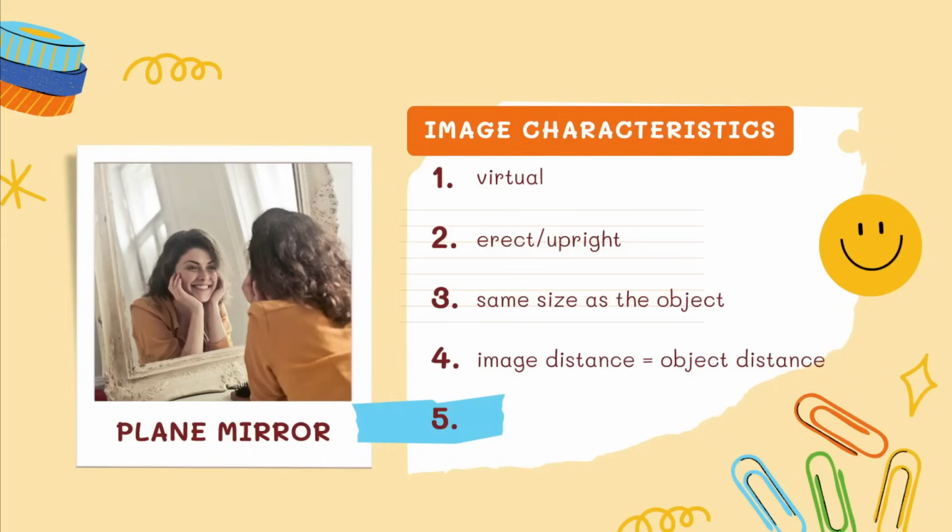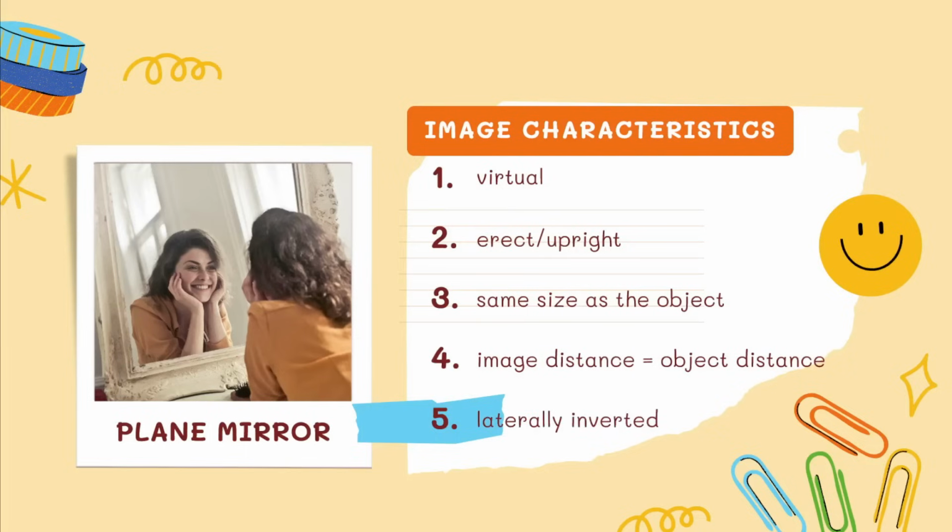Okay, ngayon kapag umatras ka naman, naging 2 meters, di ba, malayo ka na sa mirror, pero makikita mo pa rin yung image mo. Yung iyong image, aatras din siya na magiging 2 meters din siya from the mirror. So, laging ganun yon. Image distance is the same as object distance.